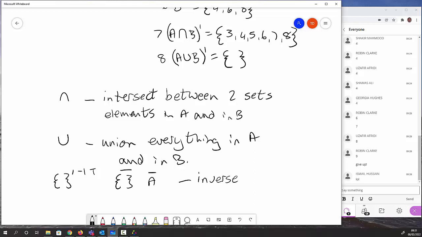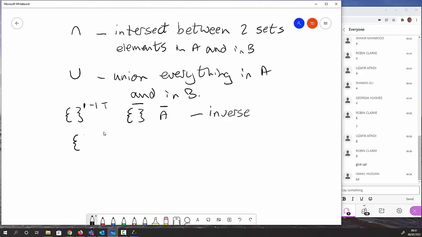So if you've got a set A with a line across the top, not A, it means anything that's not in A, and you could just use a single quote or a -1 or a T. Any of those mean an inverse. Different groups of people use different symbols. Something like this is called the null set, which is a set, of course, with nothing in it.